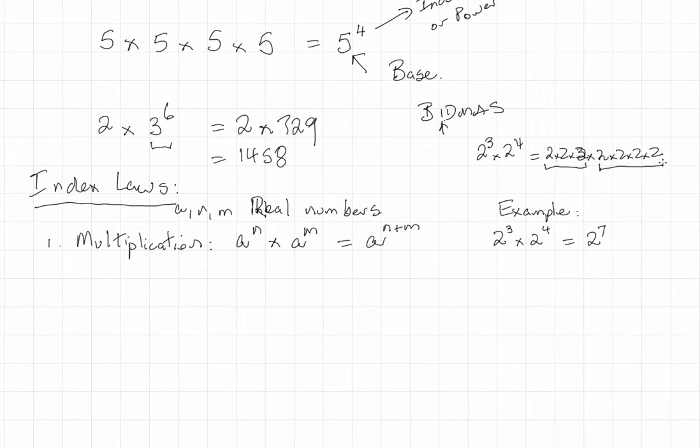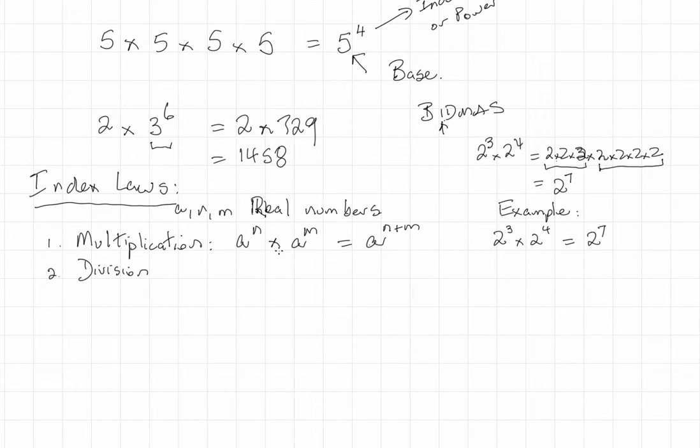Here is my 2 to the 4. And we can say, right, how many 2s have we got multiplied together? 1, 2, 3, 4, 5, 6, 7. Okay, so that just explains how we get that, and that's why this rule applies. So that's multiplication.